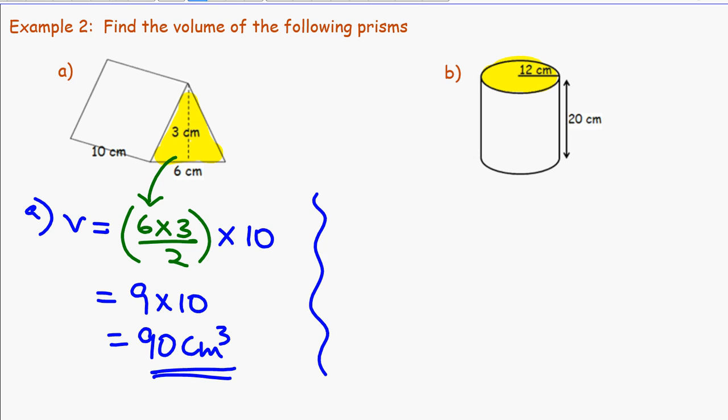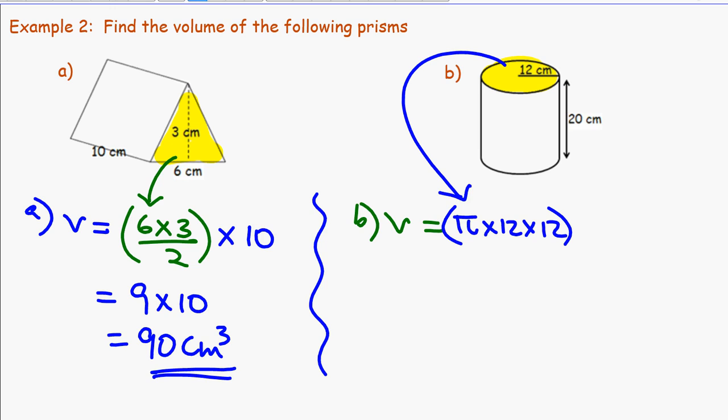For B, again, if you look at this bit, the cross section, volume will be equal to the area of cross section, which is pi multiplied by 12 multiplied by 12, multiplied by the length, which is 20.